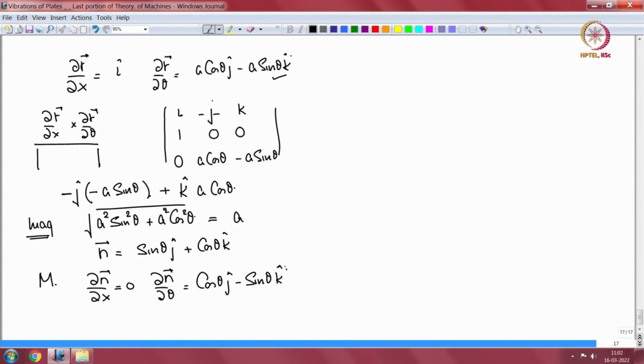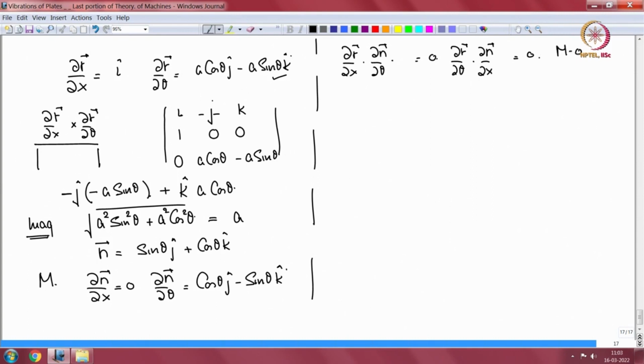Now if I do del r del x dotted with del n del theta, it is 0. i is orthogonal to j and k, and if I do del r del theta dotted with del n del x, del n del x is 0, so that is 0. So that means my m is 0.